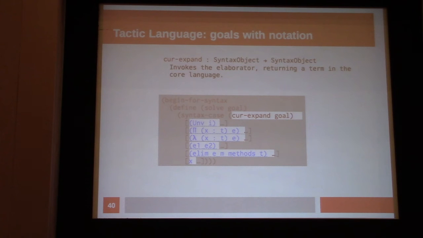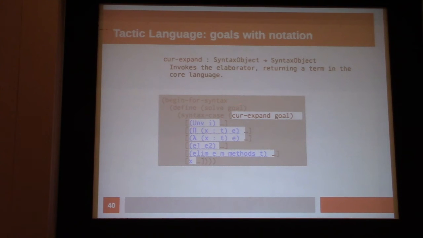Okay, so what we're going to do is add another API call to our extension system called curexpand. And this is going to allow us to force the elaborator to run while we're elaborating other notation. So this is a way of just forcing the elaborator to run on a particular subterm during compile time. And this will let us do things like define a new solver, even if we have arbitrary syntax in the language.